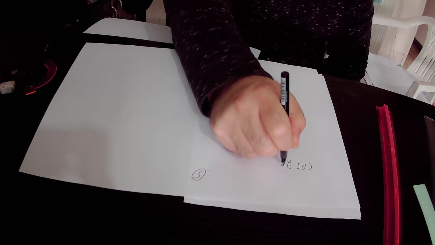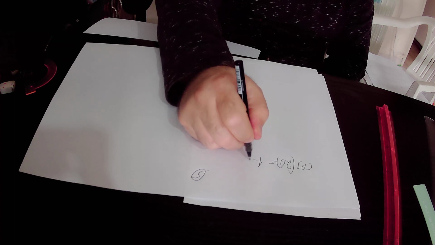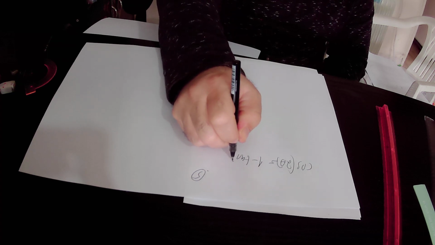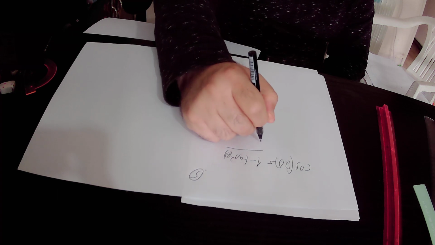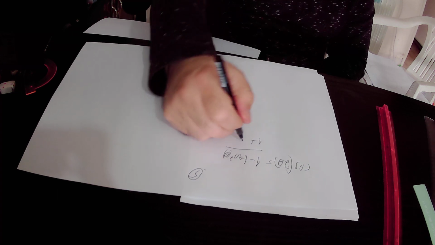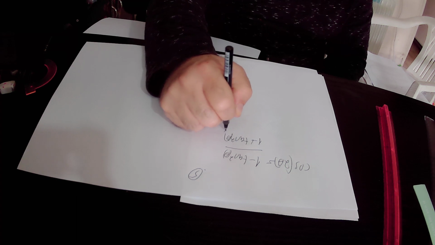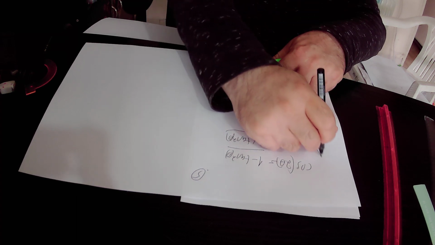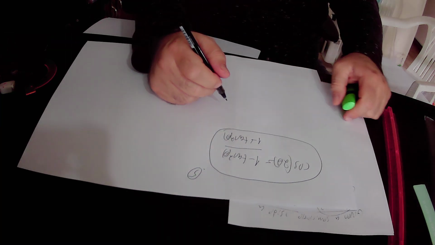Cosine 2 theta equals to 1 minus tangent square theta over 1 plus tangent square theta. I remind you that we have already found out the value of tangent theta.